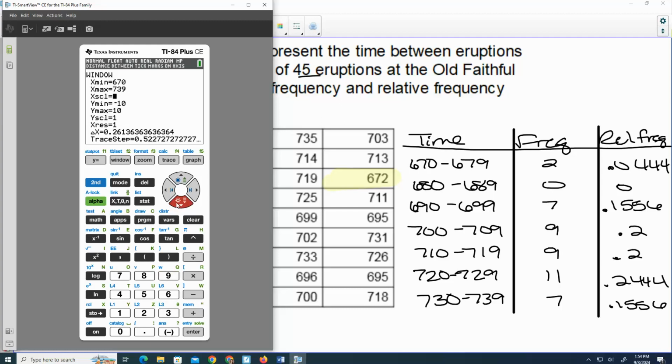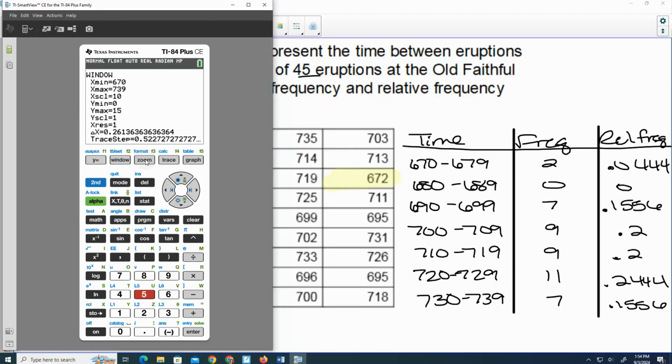Our scale is like our class width. That's going to be our 10. The y's are like our frequency. So 0 is our lowest. Our highest is 11. I'll just go 0 to 15 and see what it looks like.